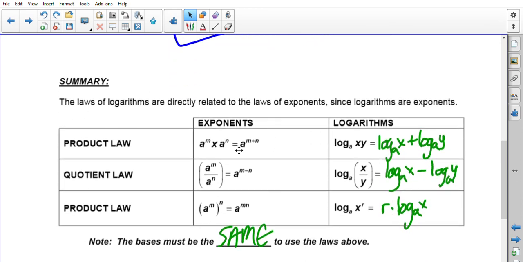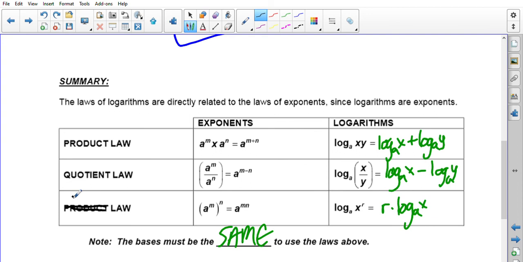So just remember how your exponent laws correlate with the log laws. So if you want, you can just call them log law 1, 2, and 3, or you can call them the product law, the quotient law, and also this one should be the power law. So let me just change that there.